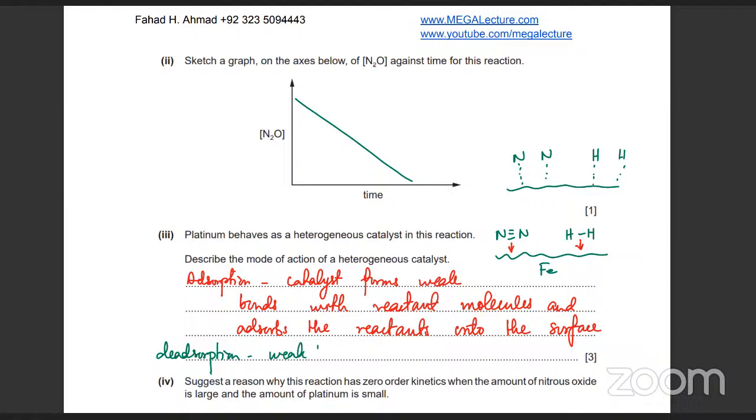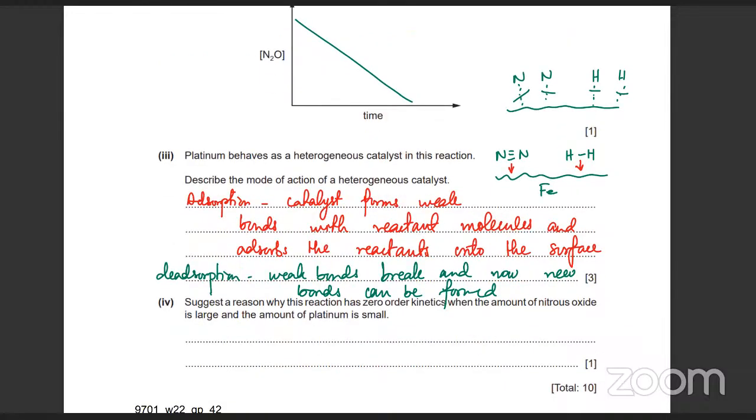So these bonds are going to eventually break, and the atoms would be free to move around, and they would be free to make new bonds. Now new bonds can be formed. So adsorption and deadsorption in heterogeneous catalyst.